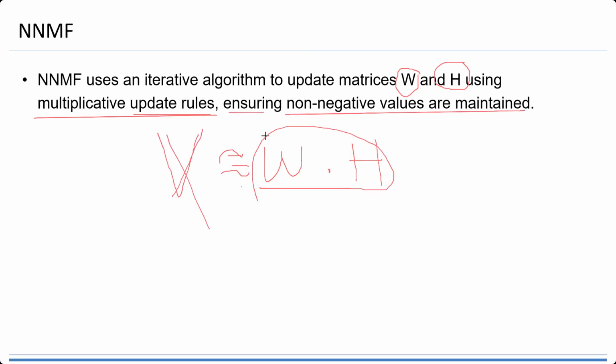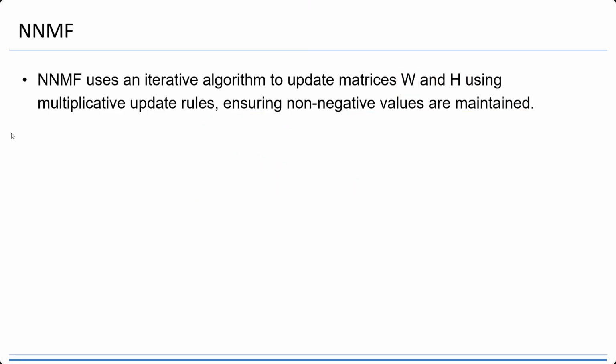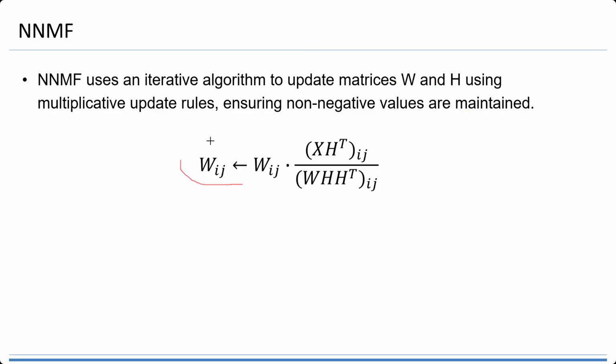The updating rule, of course, is multiplicative. And how many times? Yeah, it depends on the size of the matrix. So this is the updating rule. When we want to check the new matrix, the new matrix can be obtained with the multiplicative update rules.